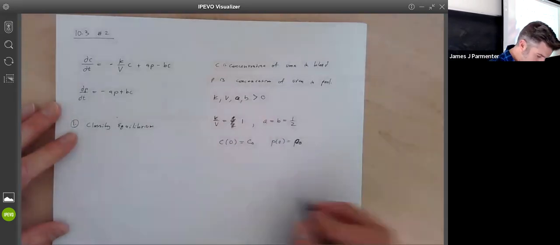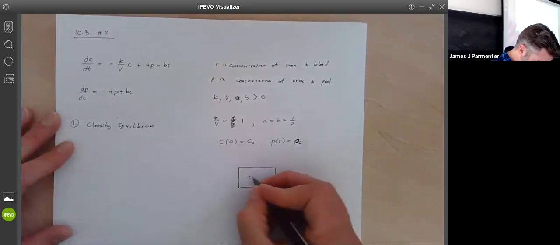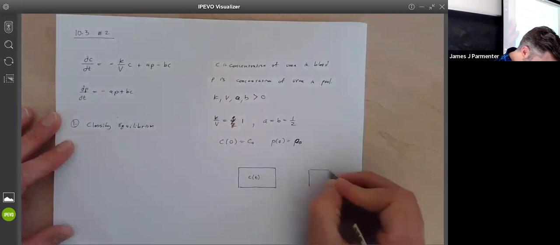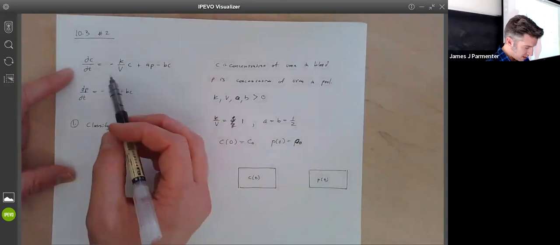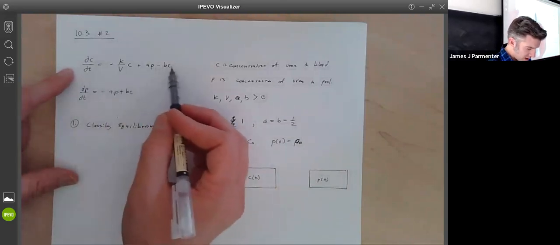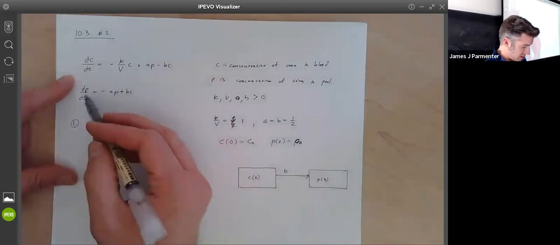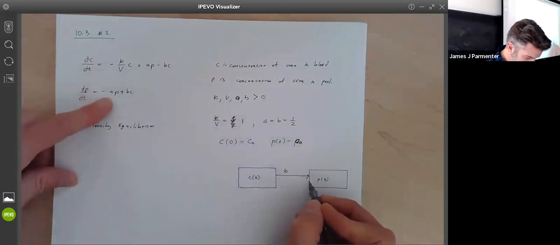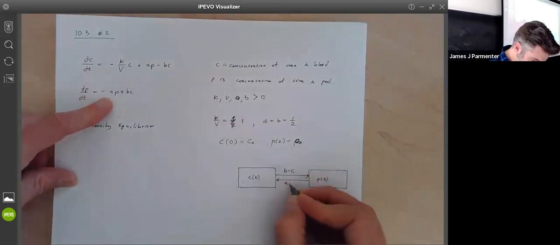Just as a point of interest, if this was a compartment with the concentration of urea in the blood, and this was the compartment over here with the concentration of urea in the pool, then looking at these equations, we can see that the concentration in the blood is losing B times C to the pool, which makes sense because the pool is gaining B times C. And similarly, the pool is losing A times P.